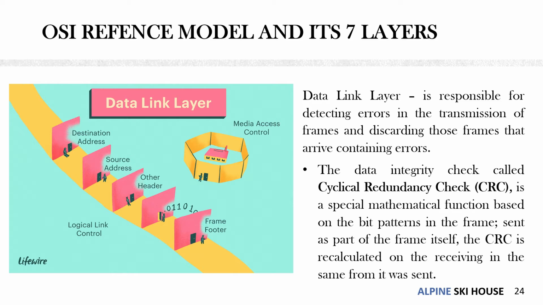The data integrity check, called cyclical redundancy check or CRC, is a special mathematical function based on the bit patterns in the frame, sent as part of the frame itself. The CRC is recalculated on the receiving end in the same way it was sent.